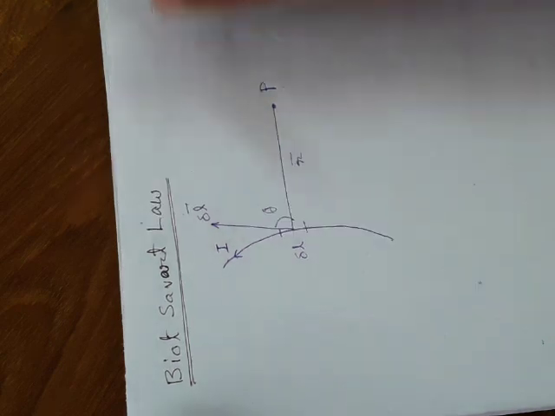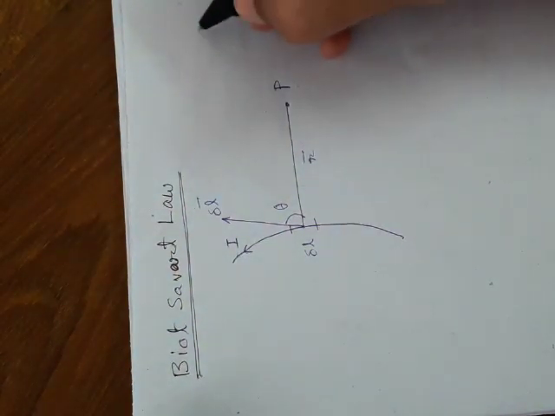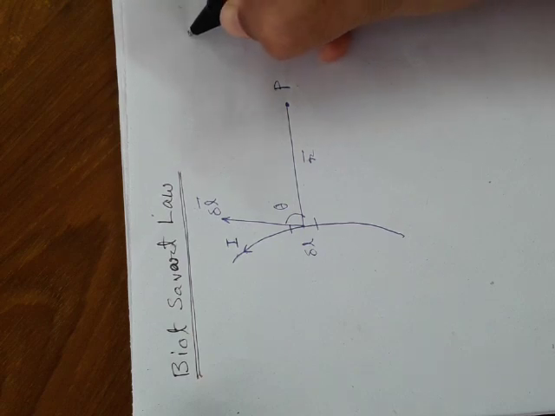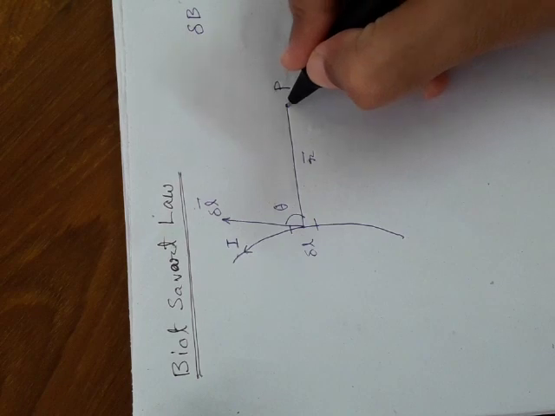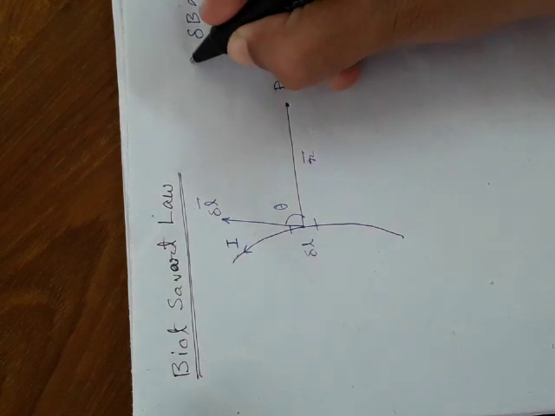Now the magnetic field due to this element delta L is delta B. The magnetic field at this point P is proportional to delta L. This is first according to Biot-Savart law.